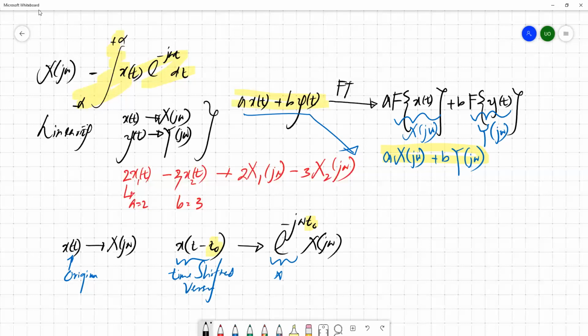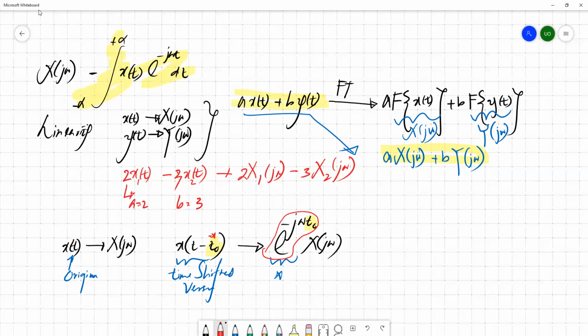So if you want to get the Fourier transform of the time shifted version, you can easily plug in this multiplication factor, which actually comes from the delay, and just multiply it with the Fourier transform of the original signal.